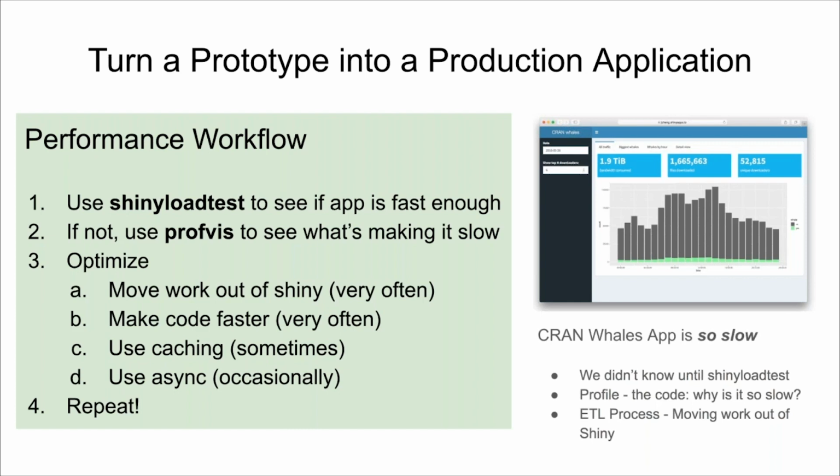It's garbage, it's not good. Even folks who are very competent at building Shiny applications can get tripped up by simply assuming what the problem is. So profviz is an amazing tool to help you get to the optimization stage and then make real impactful changes to how your code works.